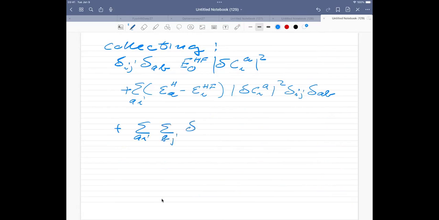And then we're going to have these coefficients, C_IA complex conjugate, and delta C_JB. And then we have this matrix element, which is given by <AJ|V|IB>, anti-symmetrized. Okay, so that was that term.